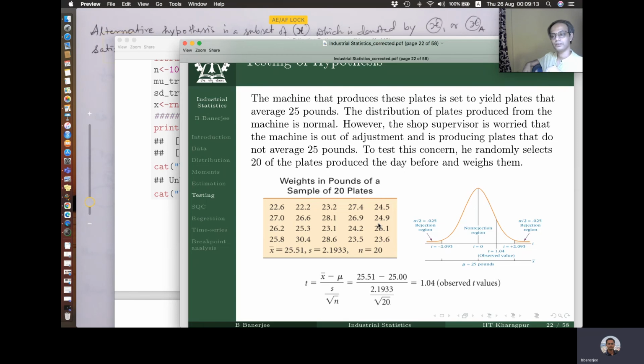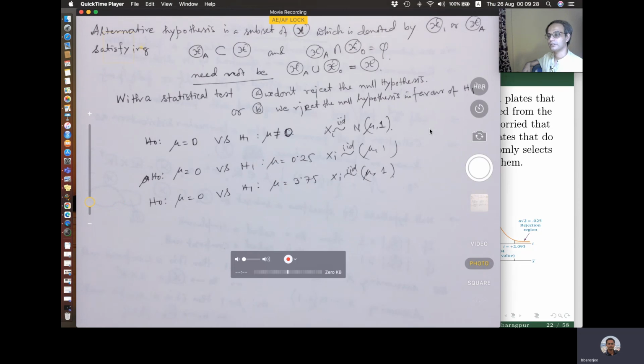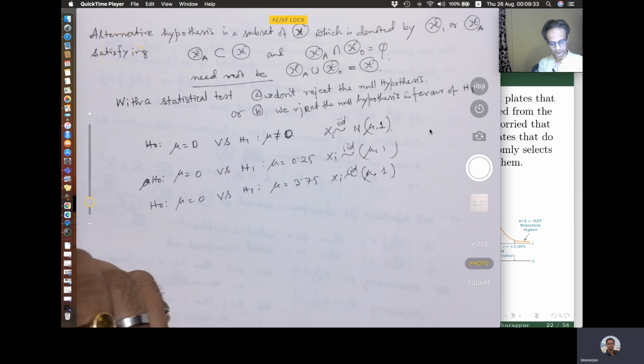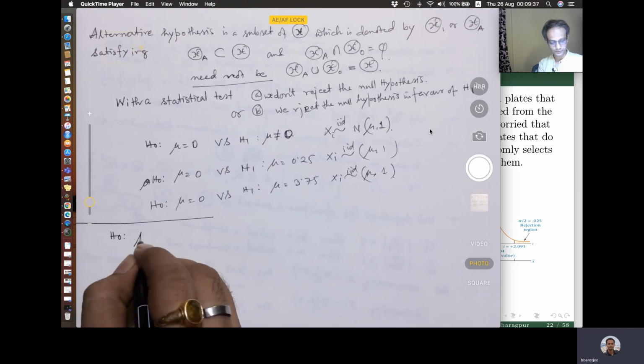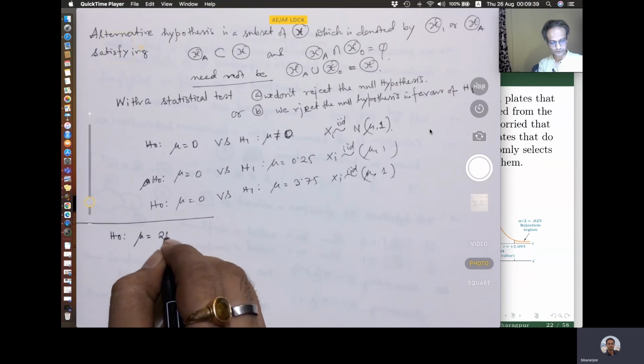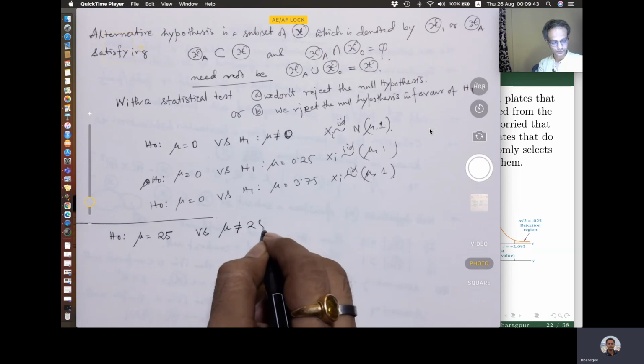So for that, what do you need to do? First, the sample mean estimates the population mean, so first you need to estimate the parameter. In this problem, H naught: mu equals 25 versus H1: mu not equal to 25.